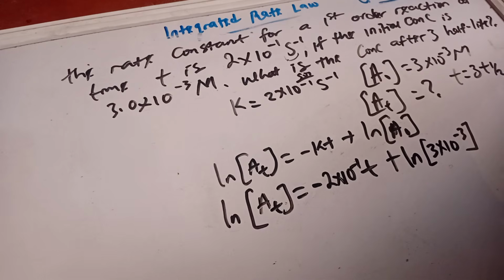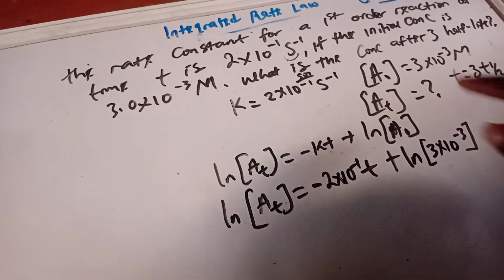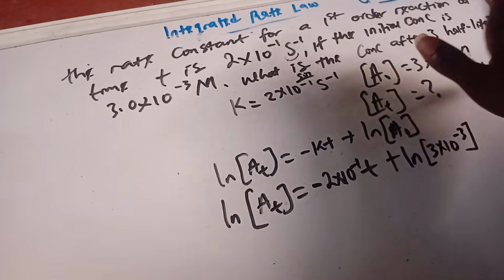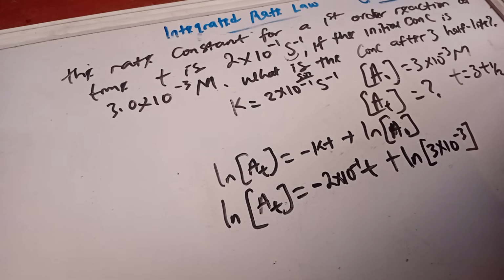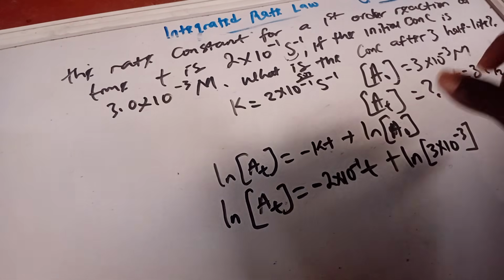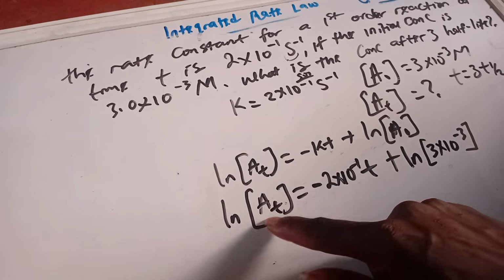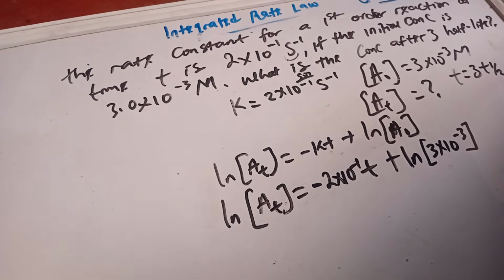We are given A naught, the initial concentration, and the formula is ln of the initial concentration. Take note of that. We are asked to find the concentration At, not ln At; it's ln At that we are looking for.